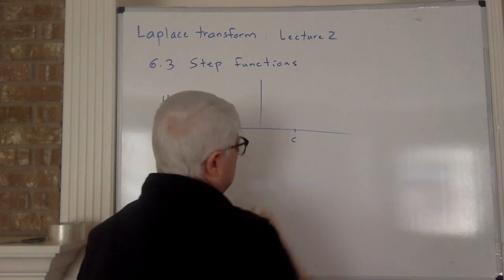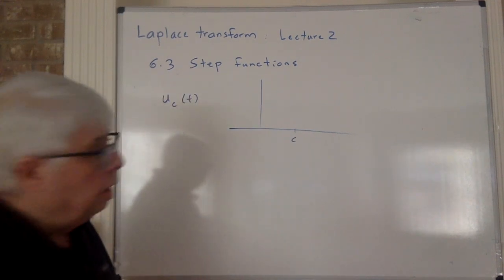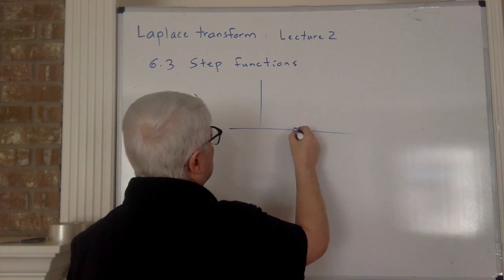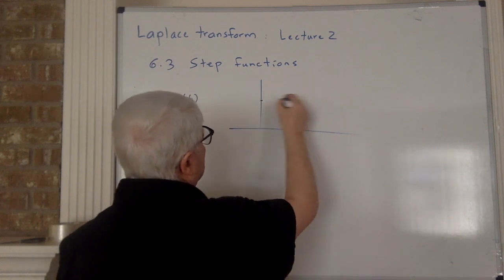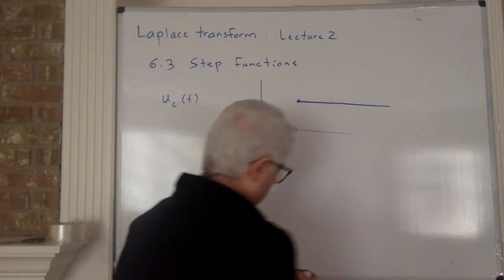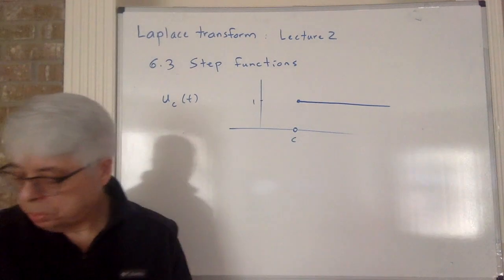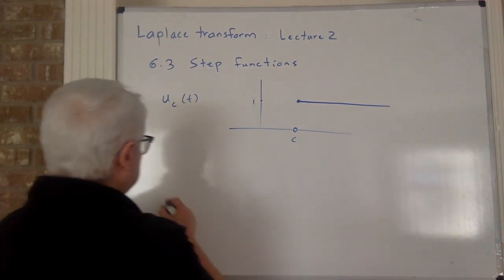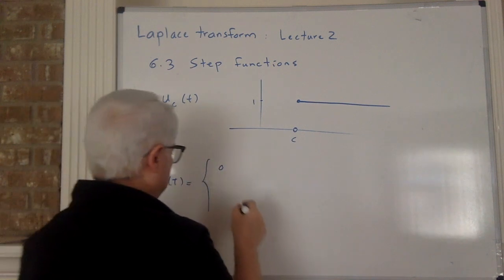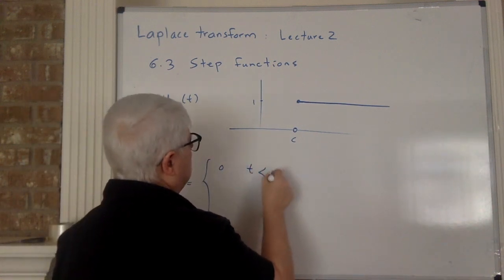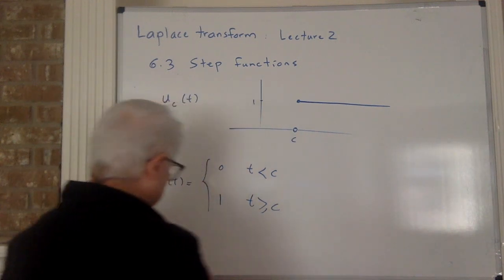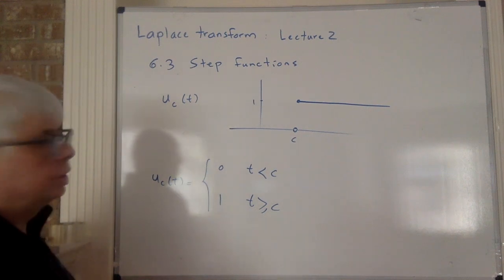So this is point c, and it is like this. This is not included, and it's 1 here. It is included. Okay. So u_c(t), in fact, is this function. It is 0 for t less than c, and is 1 for t bigger than or equal to c. Okay?